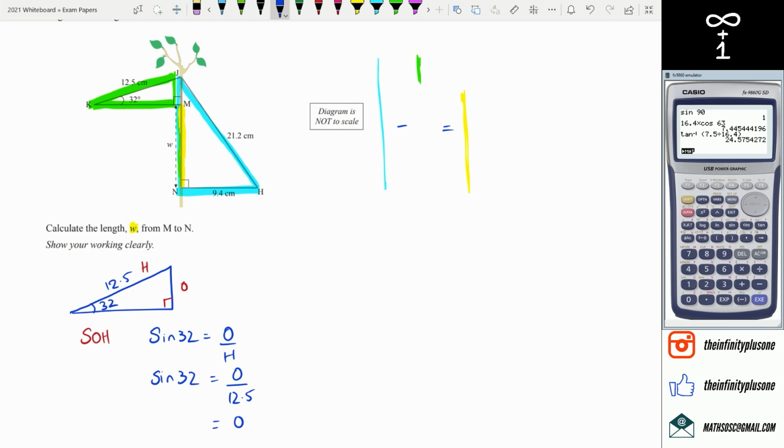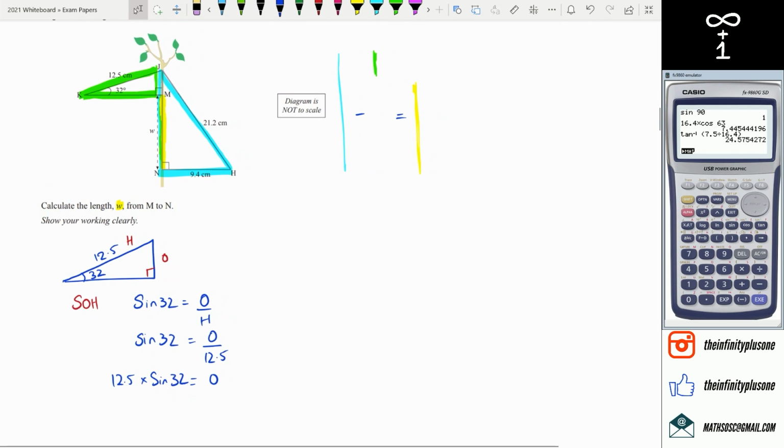So opposite is equal to 12.5 times sine 32. Whatever that is, 12.5 times sine 32 gives me 6.624. So instead of opposite, I'm going to call it Jm. So Jm is equal to 6.624.